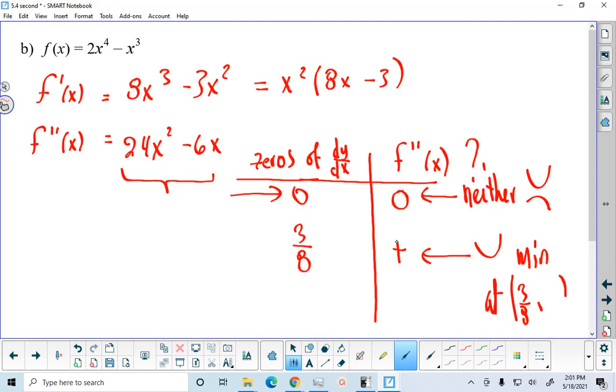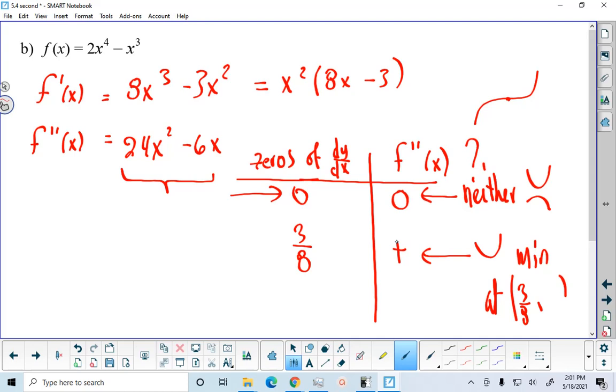And this is where I have to probably agree with most of you. I think the second derivative test is really not that informative. If I would have done a first derivative table and a second derivative table, I might have gleaned more information about the function. I suspect that at that point, where it's neither concave up nor concave down, it's an inflection point that looks something like that.